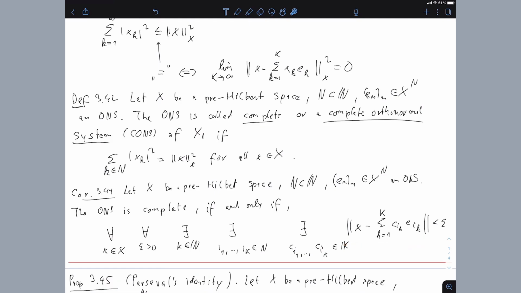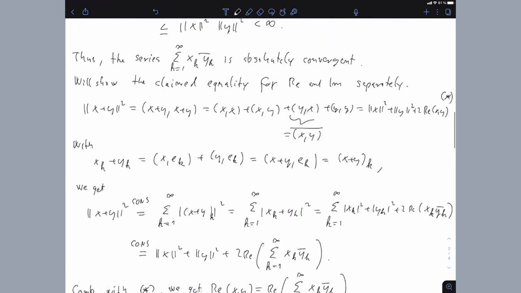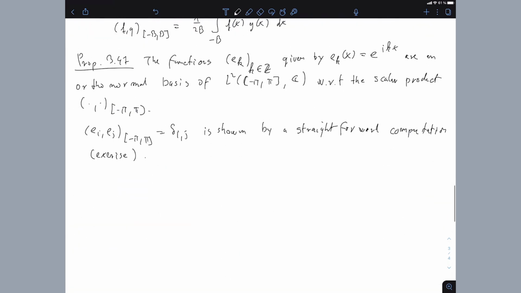So to show for any element that you can approximate it with a finite linear combination arbitrarily well in your norm. And this is how you do this also for the complex exponential functions. And there you have just to combine 2 well-known statements.